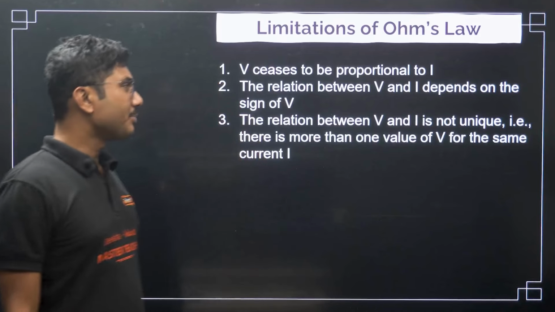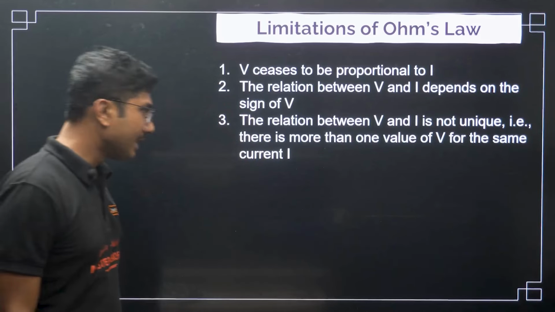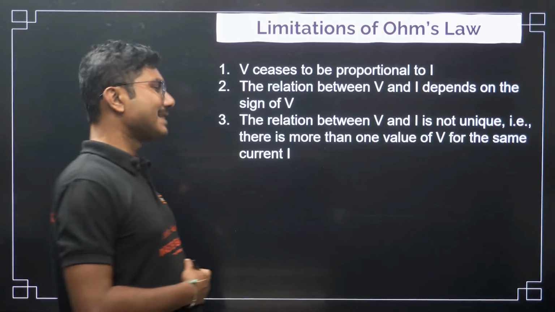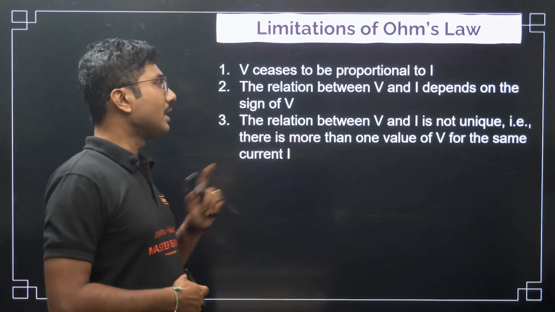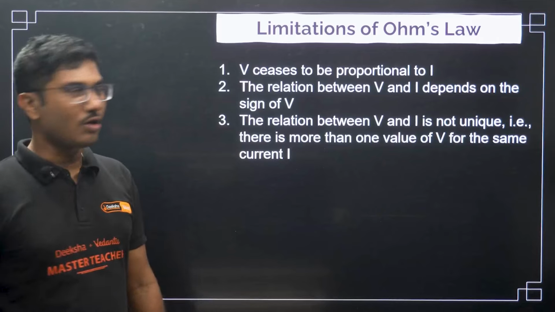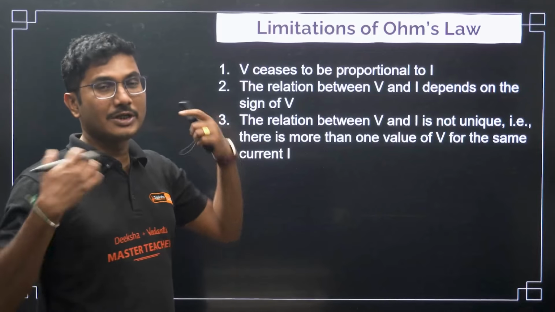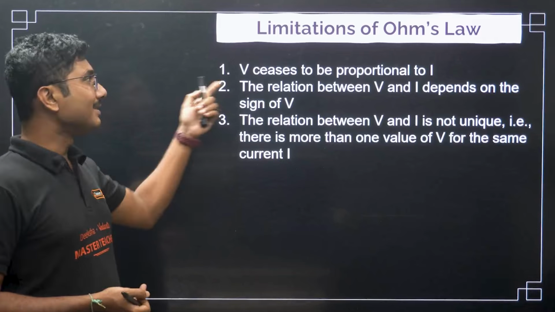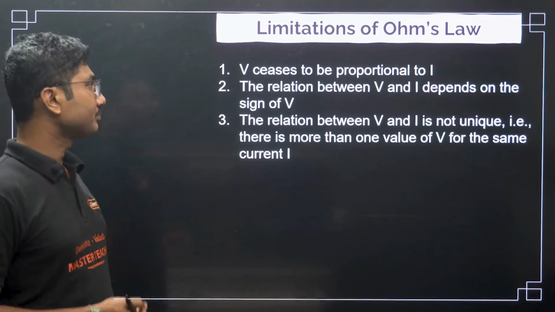The relationship between V and I is not unique, that is, there is more than one value of V for the same current I. These are the major 3 limitations of Ohm's law. Limitations means you cannot apply Ohm's law in these 3 cases.